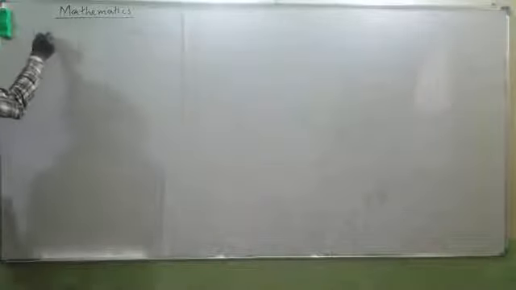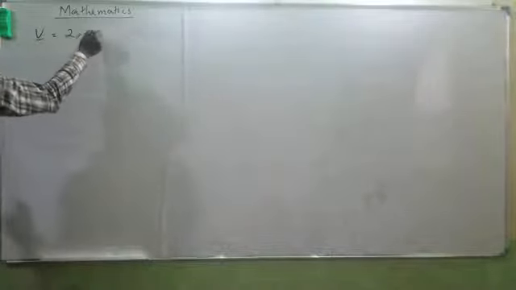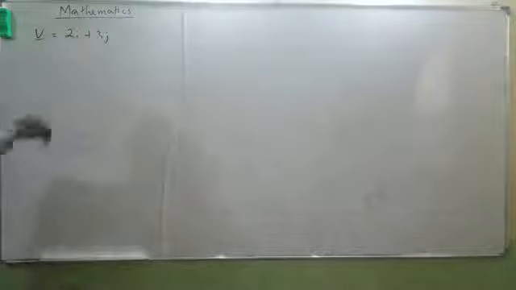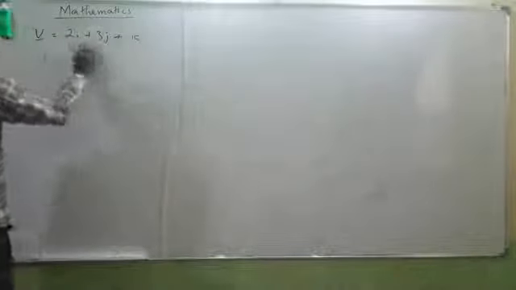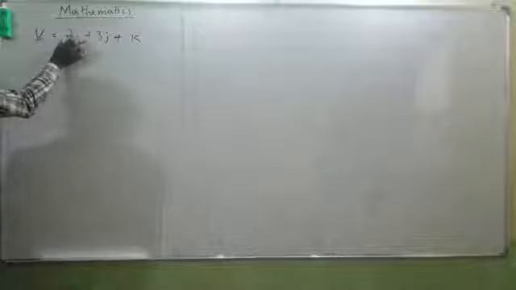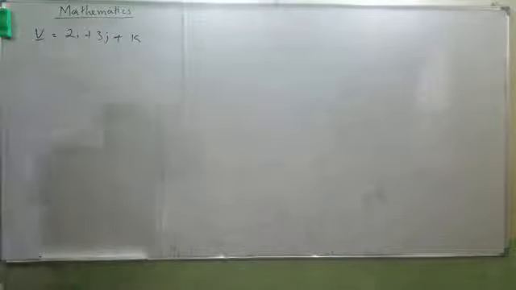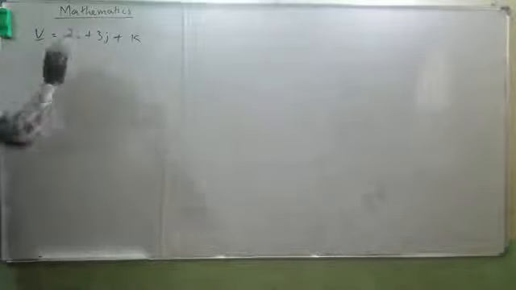Now, when we talk about vector, we talk about v equals 2i plus 3j. I think that is the normal way. Now plus k. This is called a three-dimensional vector: i, j, k. Now, don't forget that I can find many things here.